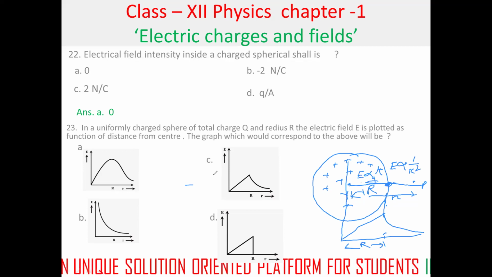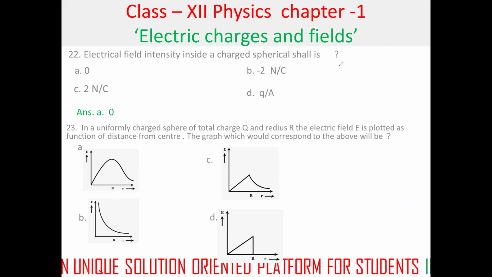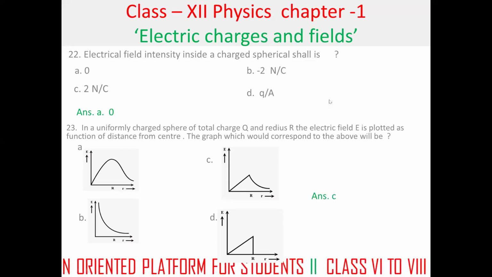So the correct curve is option C. Hope it is clear to you. If you need more clarification, you may write in the comment section. So the answer is C.